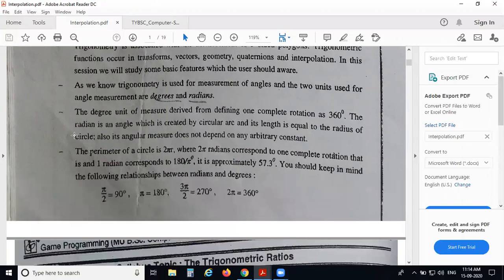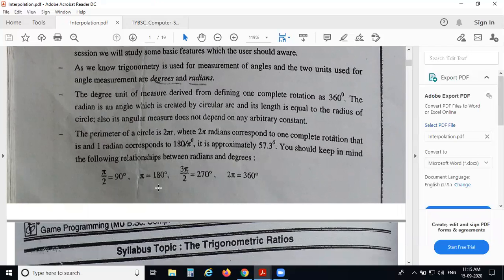The perimeter of a circle is 2 pi r. You know this about the perimeter of a circle, where 2 pi radians corresponds to one complete rotation, and 1 radian corresponds to 180 divided by pi degrees, which is approximately 57.3 degrees. You should know these values: pi by 2 means 90 degrees, pi means 180 degrees, 3 pi by 2 means 270 degrees, and 2 pi means 360 degrees. You studied these concepts in 11th or 12th maths, and also in 10th maths.